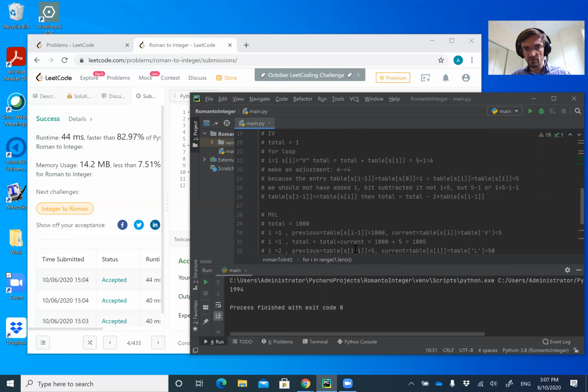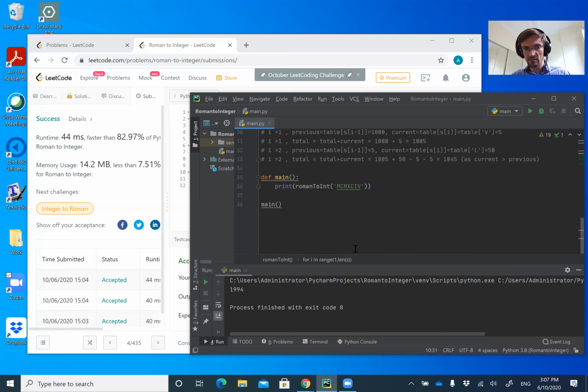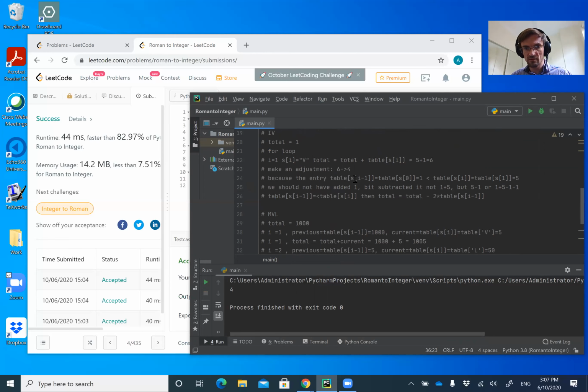It passes the first test and a few others. Looks okay.